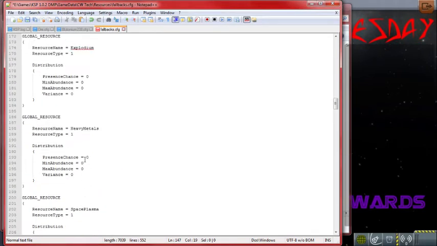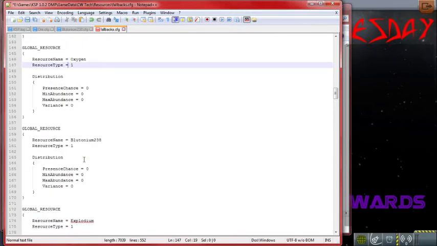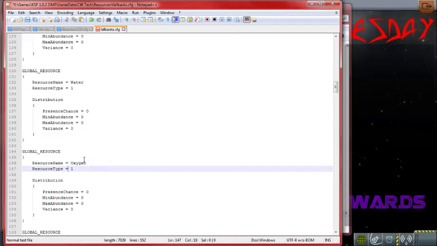Wait a minute. We're missing something there. We don't want water defined for all bodies of liquid, or at least not in a global config.